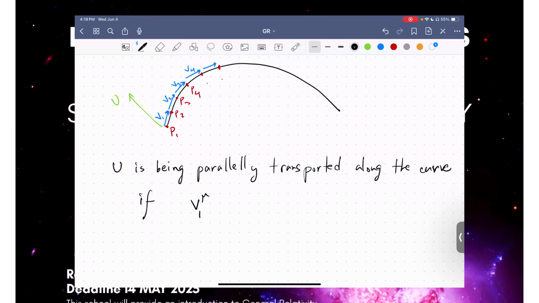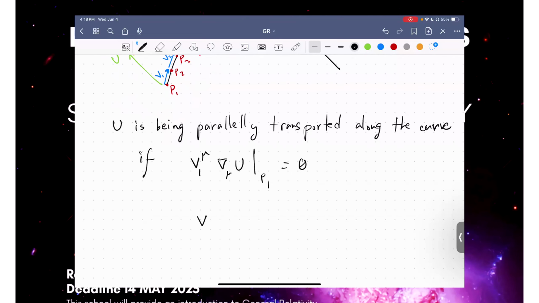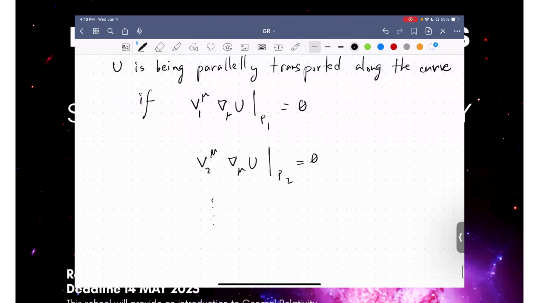So V1 mu covariant derivative mu U. So this is being evaluated at P1, if this is 0. And if, say, V2 mu evaluated at P2 is 0, and so on and so forth.